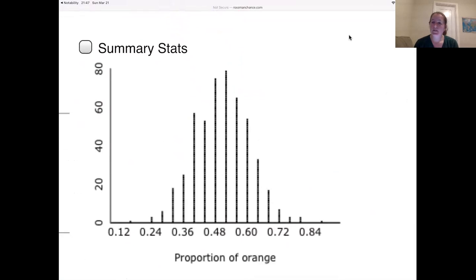And if you'll notice, this curve is looking symmetric with a central peak, or normal. So this is our distribution of the sample proportions, as opposed to a distribution of individual data values themselves. So this is just an introduction to sampling distributions.